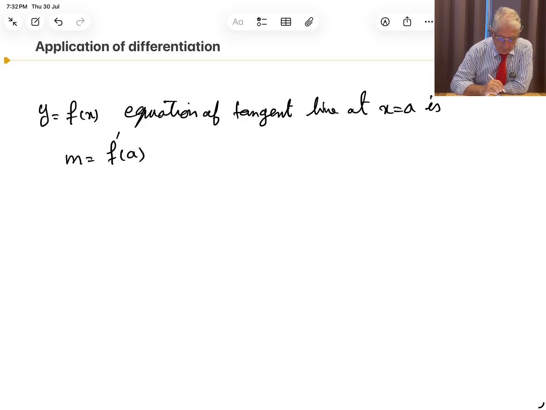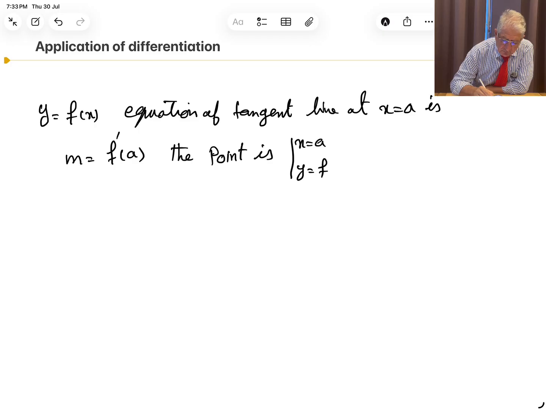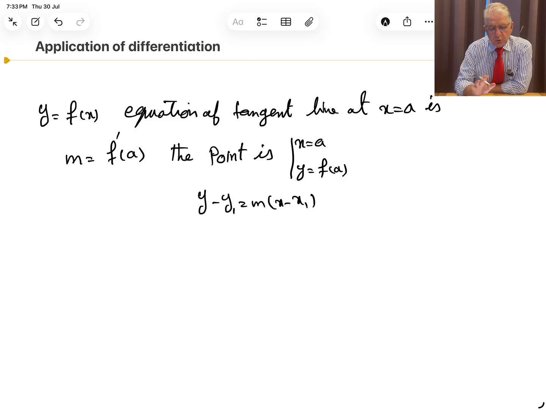That is your m. Now, the point will be x equal to a, so y will be equal to f of a. So now we can write the equation of the line, which is y minus y1 equal to m times x minus x1, or whatever method you know.